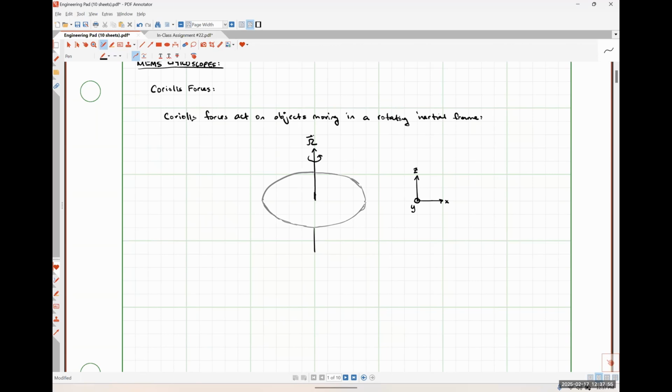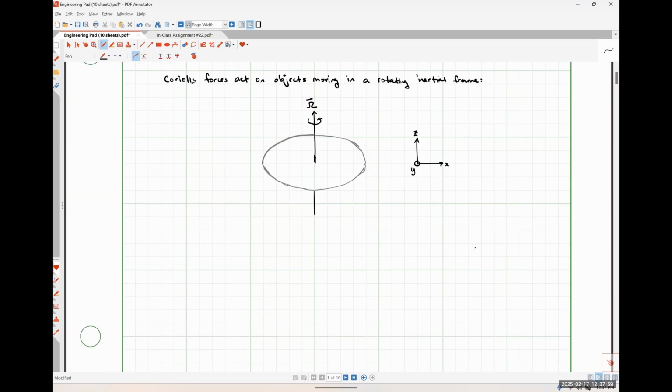So in a linear inertial frame, that means the disk is not spinning.